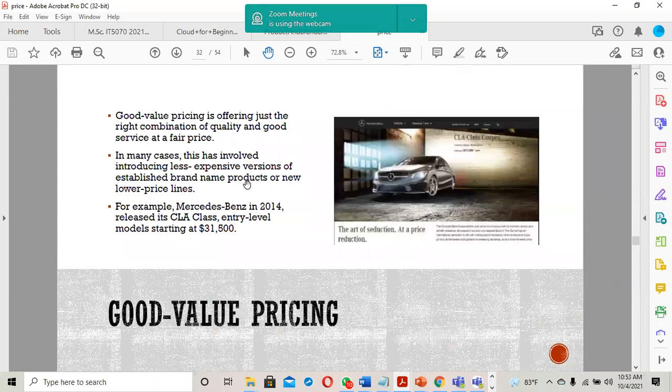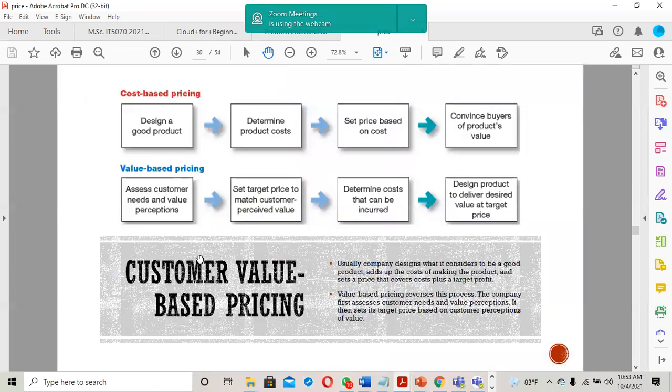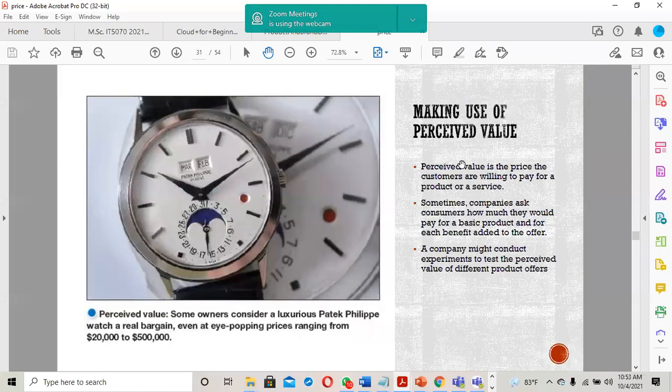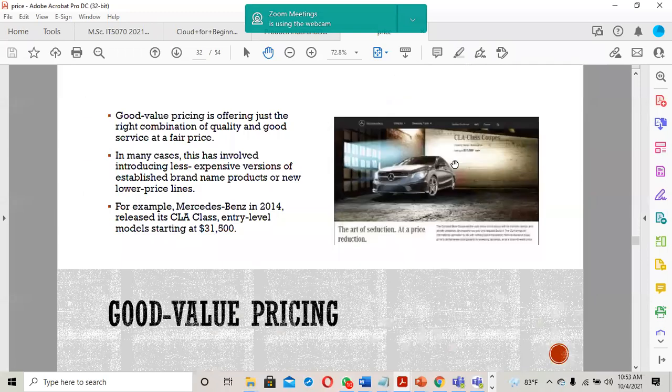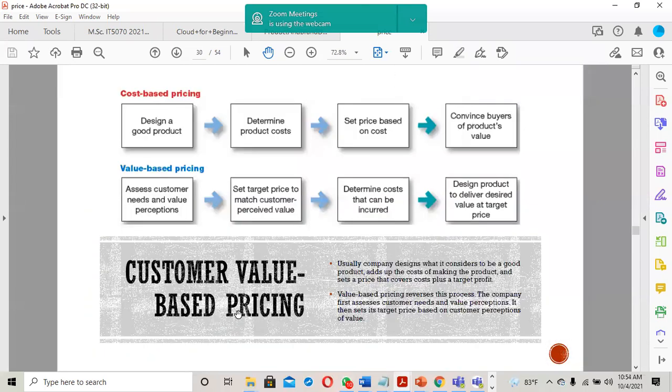And then good value pricing is also somewhat related to perceived value. We are talking about customer value-based pricing, right? So all of this is discussed under customer value-based pricing. Making use of perceived value and this good value pricing all come under customer value-based pricing.